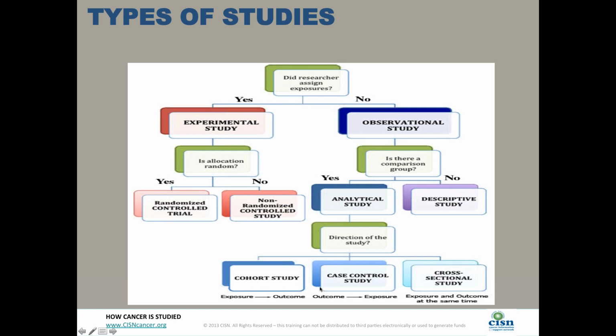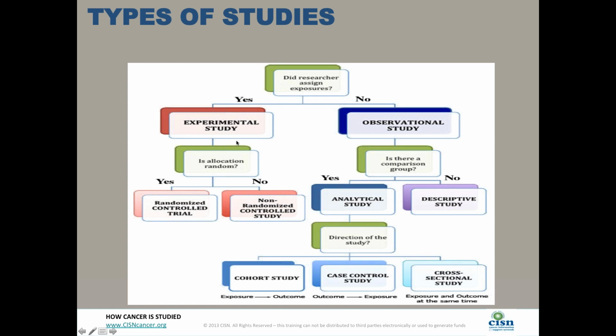A cohort looks at exposure and then outcome. Case control looks at outcome and then exposure. So in a cohort you're looking at if they've been exposed, what happens. In a case control, you go back to the data and you say, here's what happened, I wonder what they were exposed to. And then cross-sectional, you're asking both questions at the same time.